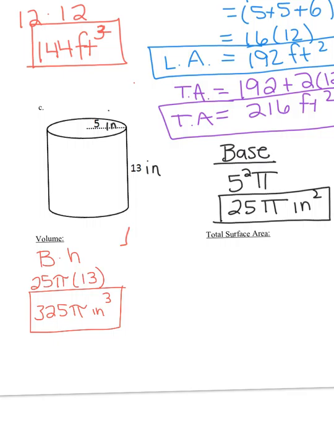Okay, for total, I'm going to start with my lateral. Lateral, remember, is still perimeter times height. I choose not to memorize the pi dh. I just realized that as soon as I see perimeter of a circle, that is representing the circumference. And since our radius is 5, our circumference is going to be 10 pi times that height of 13. And we have a lateral surface area of 130 pi inches squared.